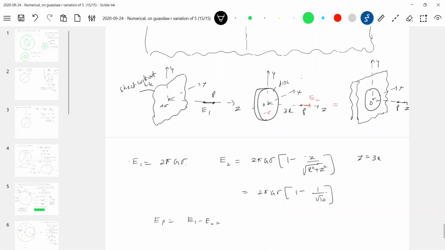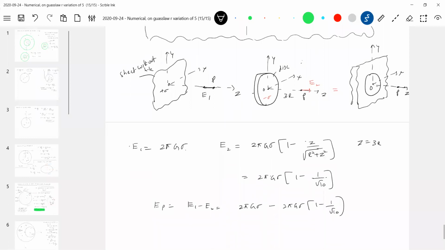E1 minus E2, so 2 pi sigma G. Sir, in the bracket it is 1 minus 3 by root 10. Yes sir, 3 will be there.